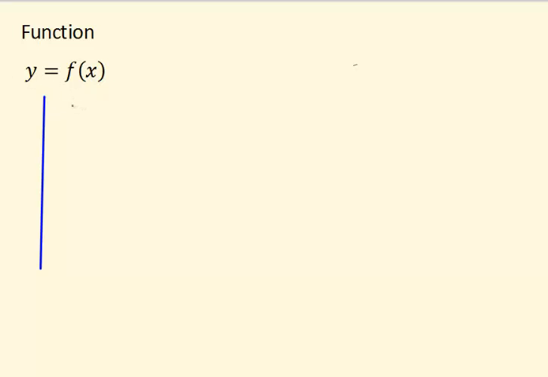For example, let's say y is dependent upon x, like y equal to x square plus x plus 1. Then if we wish to write it in a concise way, we can say it is a function of x.